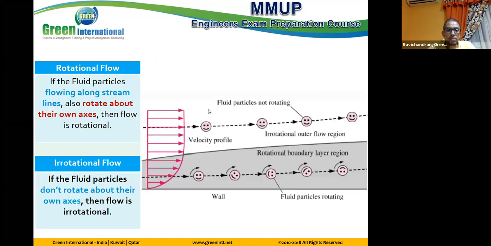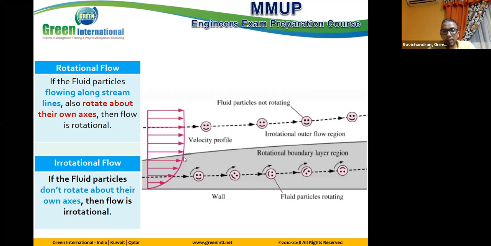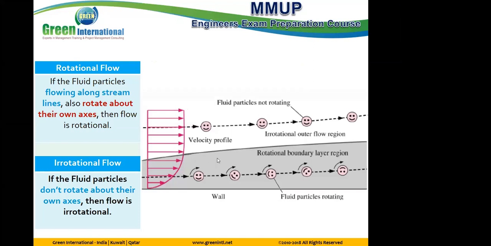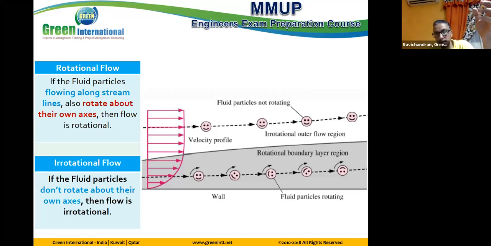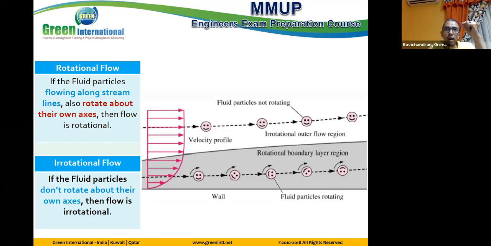Here, the last one: rotational and irrotational flow. The flow is moving like this. Whether the motion of the fluid is straight or rotating is not what decides whether the flow is rotational. How can I describe that? Study the particle itself.